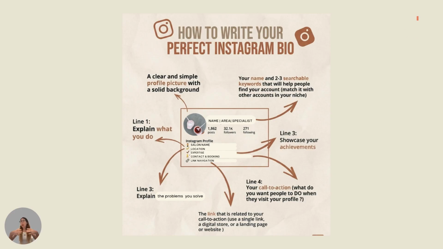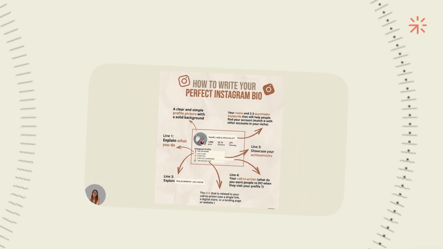Obviously, those are quite long. You're going to need to shorten it and be succinct, but you've got other parts of your socials where you can expand on that a little bit. And then lastly, you are going to want to have a call to action and show everyone where they are going to book, purchase, or become a client or customer.